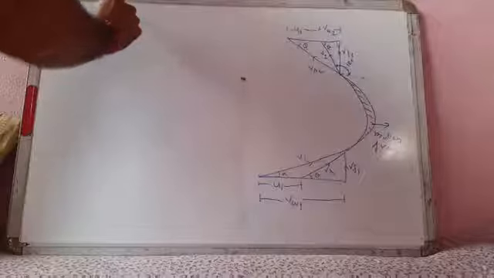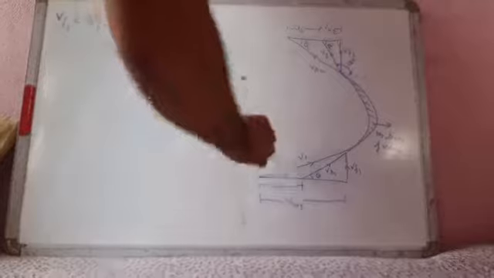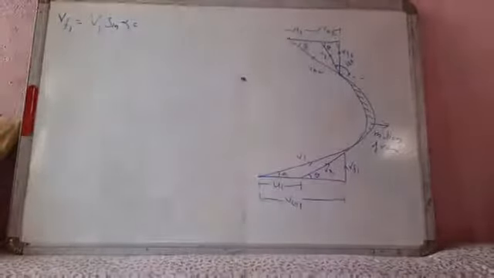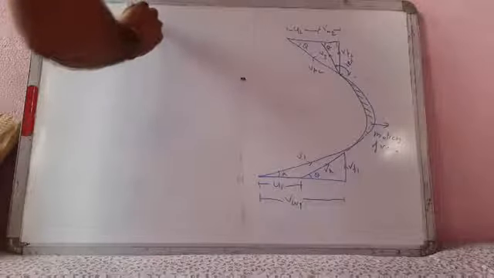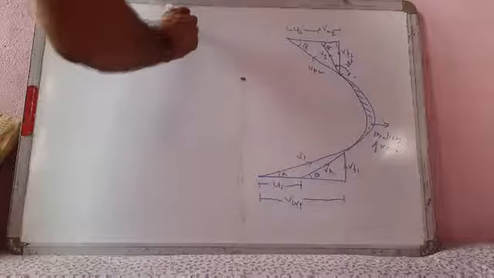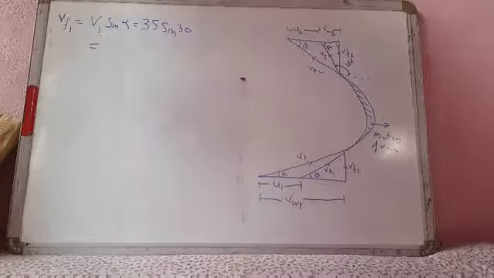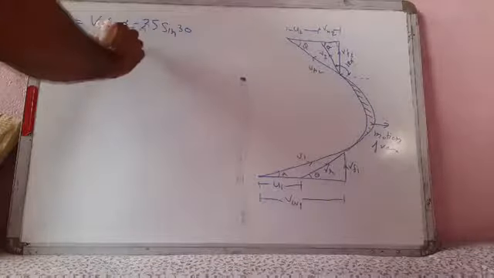This VF1 is the vertical component. Putting the values, the value of V1 is 35 and sin 30, so this is 17.5 meter per second.